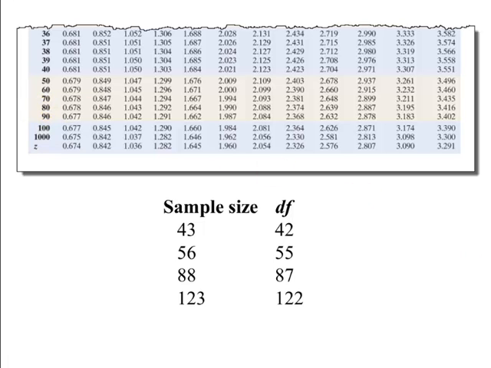If our sample size is 123, degrees of freedom would be 122. And of course, between 100 and 1,000, 122 is closer to 100, so you would use 100. And the last one, if we have a sample size of 554, the degrees of freedom would be 553, and 553 is closer to 1,000, so we would use 1,000.